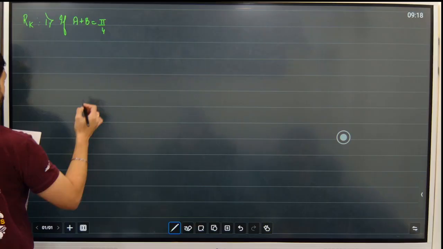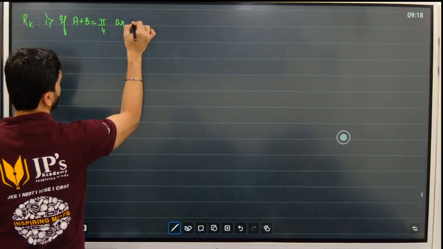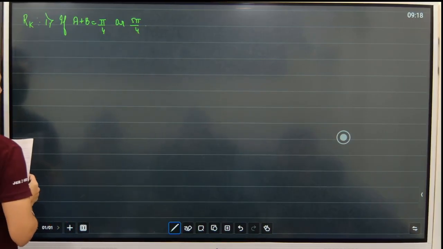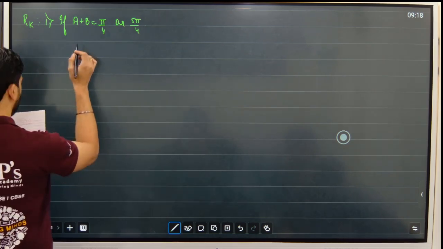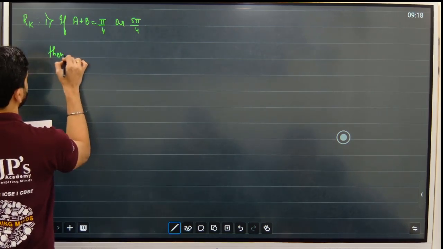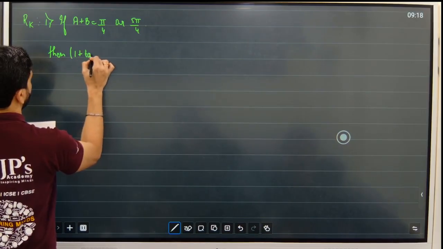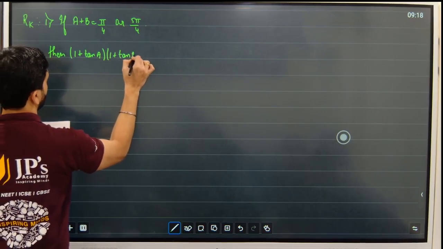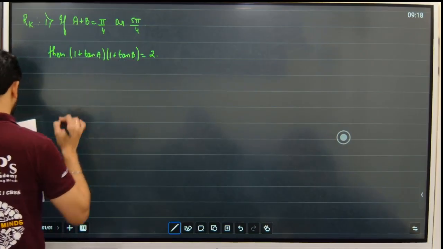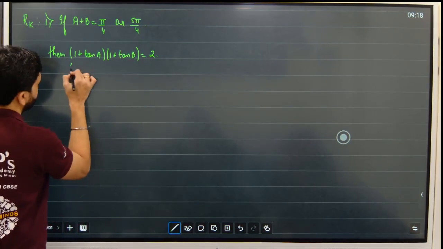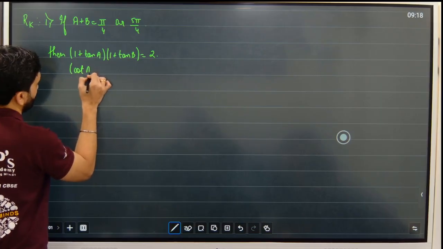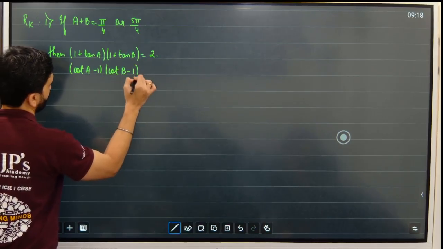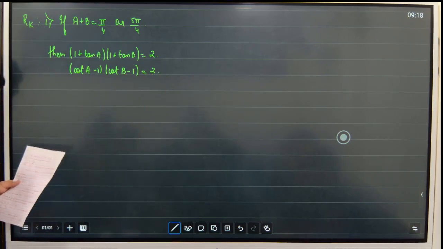If a plus b is equal to pi by 4 or 5 pi by 4, then (1 plus tan a) into (1 plus tan b) will always be equal to 2, and (cot a minus 1) into (cot b minus 1) will also be equal to 2.